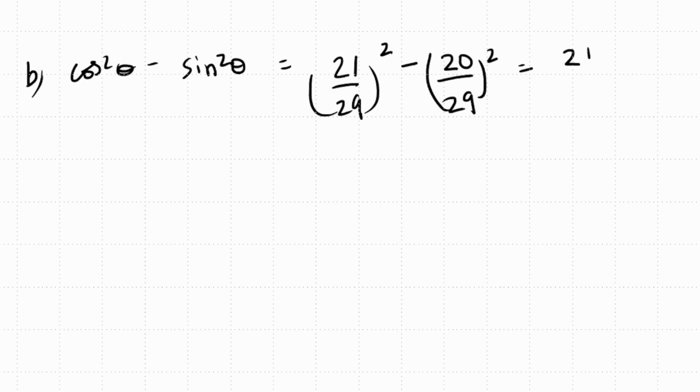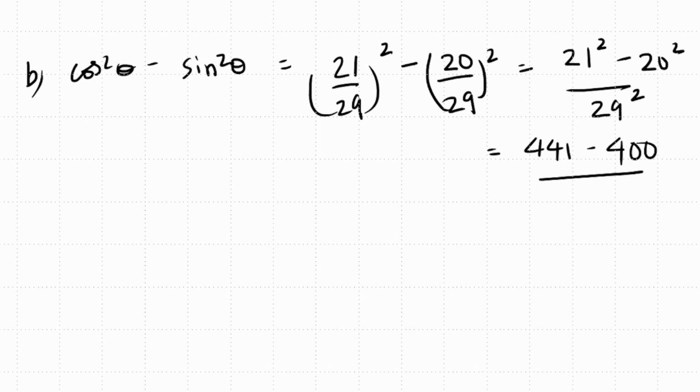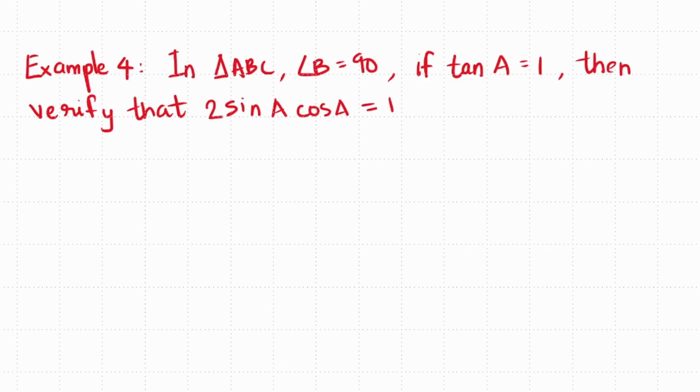Now this is 21 square minus 20 square over 29 square. That's 441 minus 400 by 29 square, which is 841. So the answer is 41 by 841.